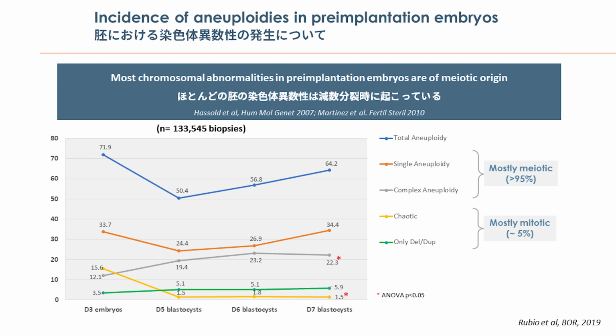But for most of the cases, when we have just one single aneuploidy, for example, a trisomy 21, or when we have from 3 to 5 aneuploidies, we can see that the incidence of aneuploidy is constant. So we really have incidence of aneuploidies at different stages of embryo development.